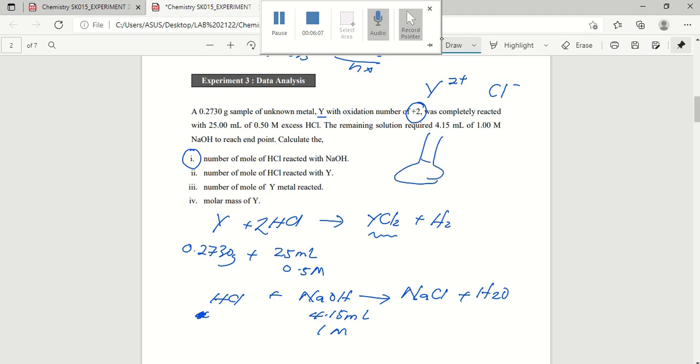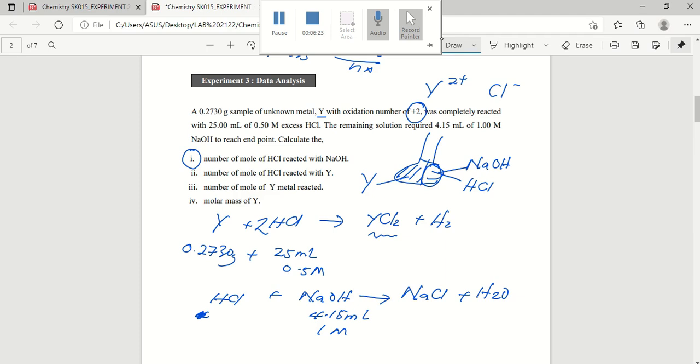So if I draw again this, in this conical flask, I have HCl. We first reacted it with Y, and then what's left, we react it with NaOH.